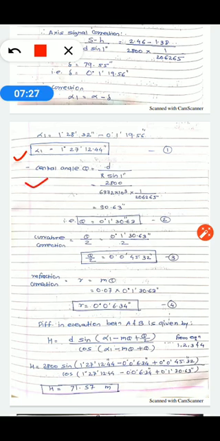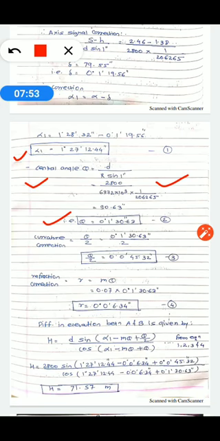As we know, the formula is D upon R sine of 1 second. D is given, and the value of R is also given. Just convert the R value, given in kilometer, into meter by multiplying by 10 raised to 3. Then the value of sine of 1 second is also given. So put all the values, and we get the value of theta.